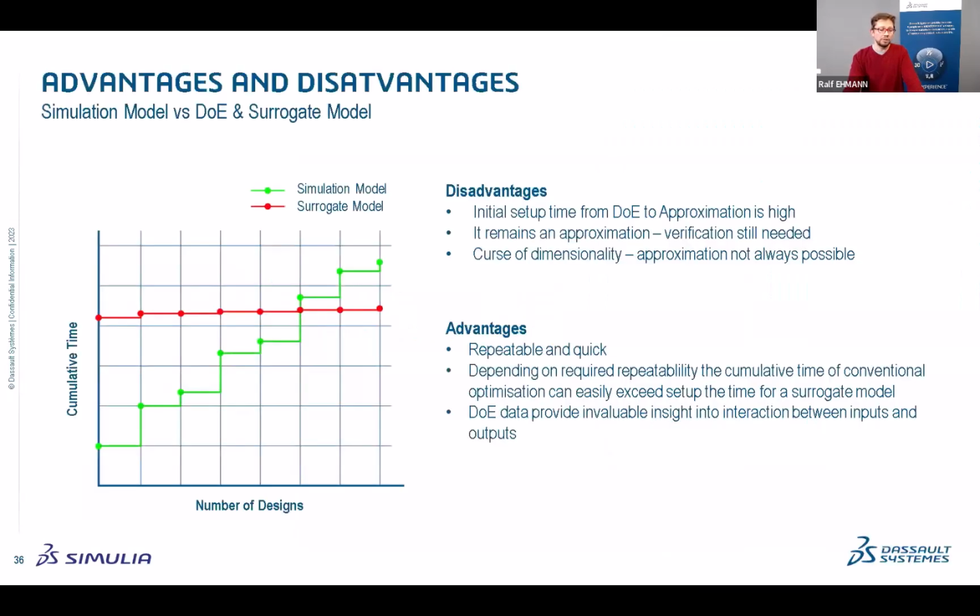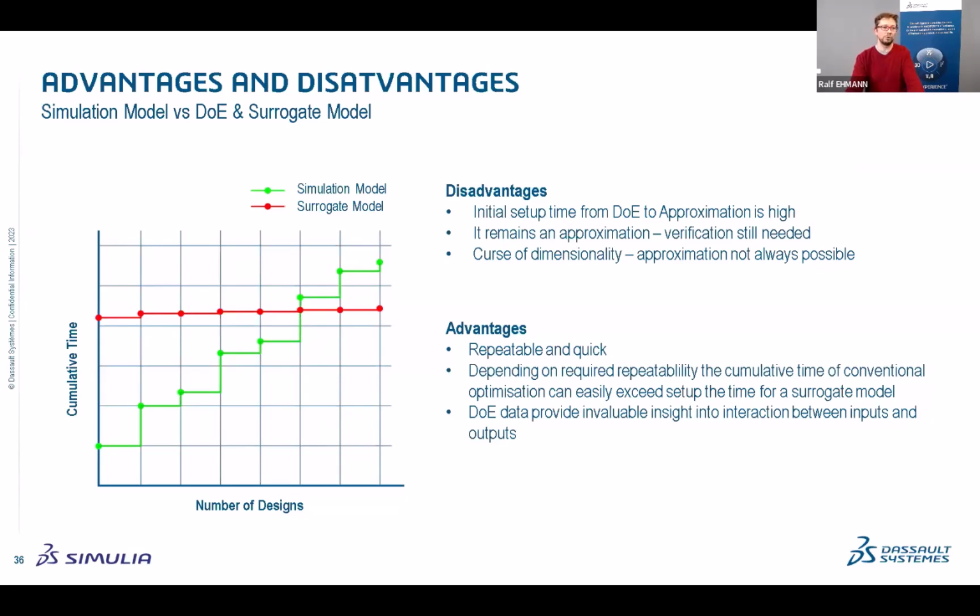The disadvantages are that the initial setup time from DOE to an approximation is quite high. It remains an approximation, so you always need to verify it in the end. And you've got the curse of dimensionality, which means if you have too many input and output parameters, you may not even be able to get an accurate approximation. The advantage is if you've spent the time to set this up and you have an accurate surrogate model, it's repeatable and quick.